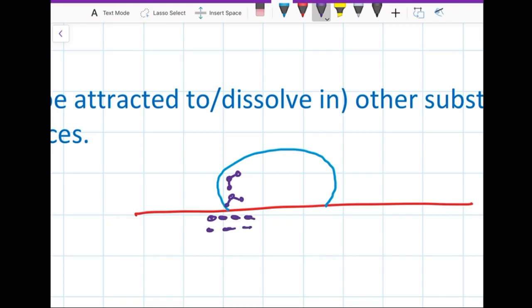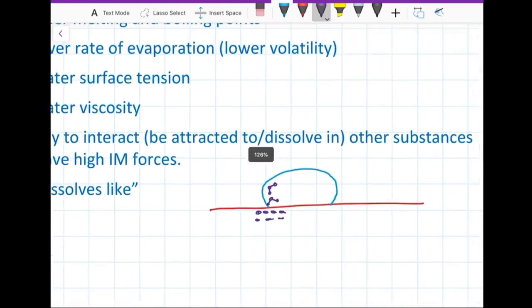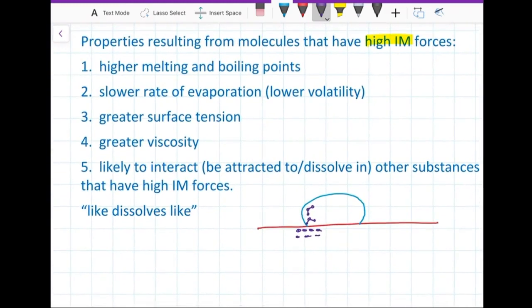So that's why there's no interaction here, or little interaction here, whereas if I mix water with something that's polar, then it's going to interact a little bit better. So those properties become important because if you wanted to make a material waterproof, well, you're going to treat it with something waxy or something non-polar, because then water is going to bead up on it and not interact with it very well.